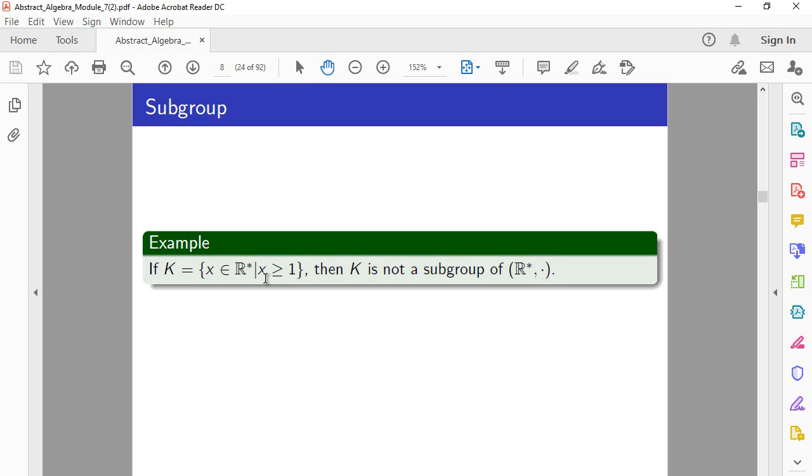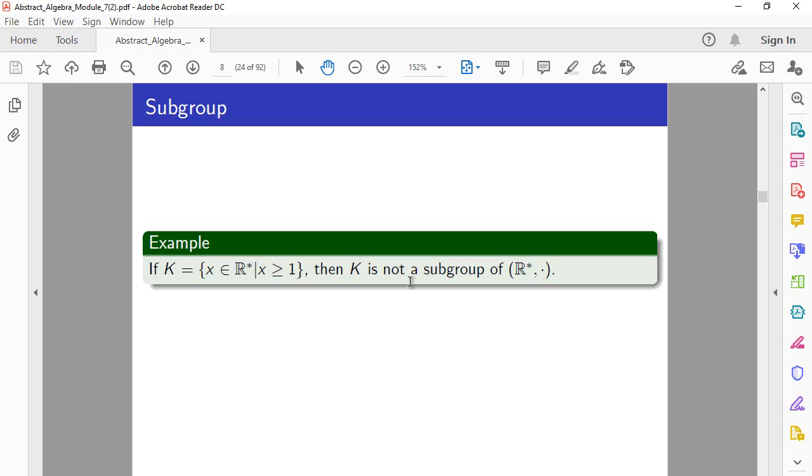Well, this time K is in fact closed under multiplication. Why? Because if I multiply two numbers bigger than 1, then I get a number bigger than 1. That is, the product of two numbers larger than 1 is also larger than 1. So K is closed under multiplication.